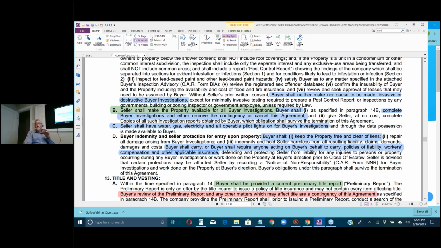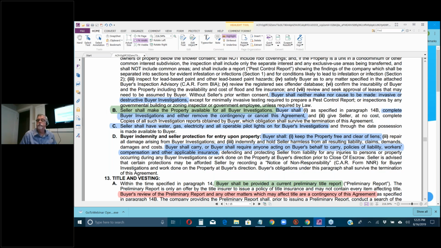The reason I've highlighted that is if the buyer has a handyman friend do something and they get hurt and file a workers' compensation claim, you've got problems. So it's usually better to hire licensed contractors, property inspectors, and other people that actually have insurance.